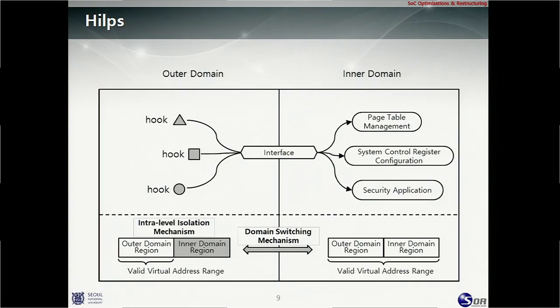By doing this, the outer domain is completely prevented from accessing the inner domain, whose memory region is excluded from the valid virtual address range. Now, the only way to enter the inner domain is through the domain switching mechanism. This mechanism expands the valid virtual address range to include the memory region of the inner domain and securely transfers control to the inner domain.